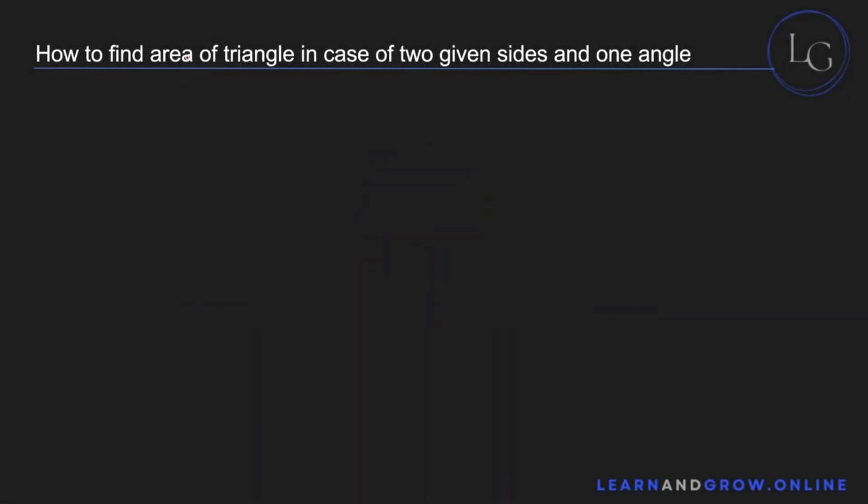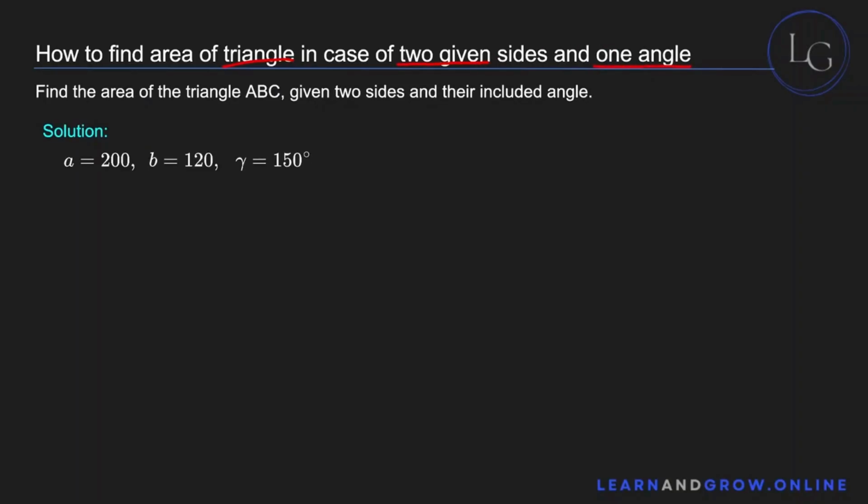Now let's see how you can find the area of a triangle in the case where you have 2 sides given to you and also an angle given to you. If you remember from last time, if you have 2 sides given to you and the included angle as well, then you can use this formula, right?